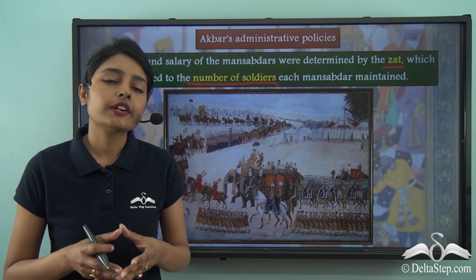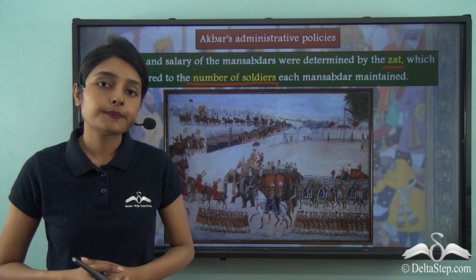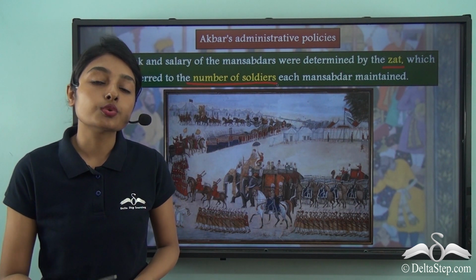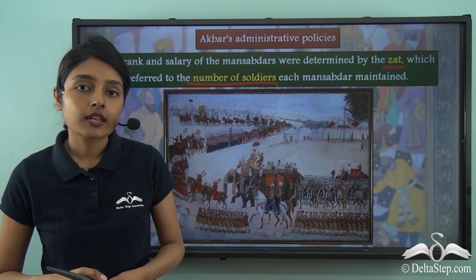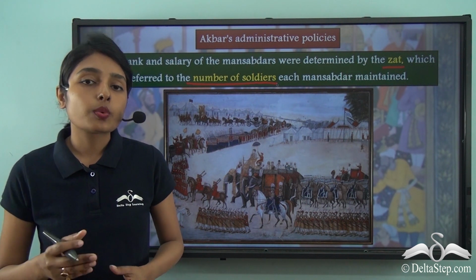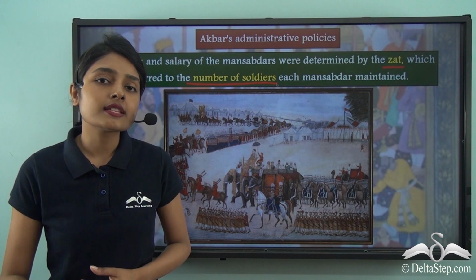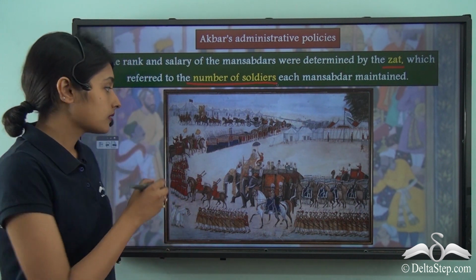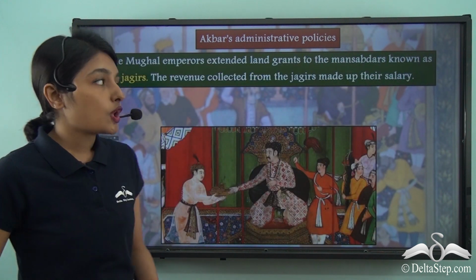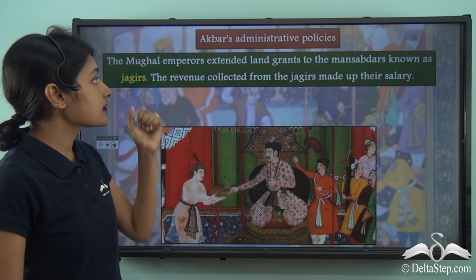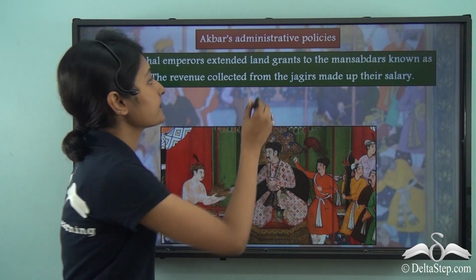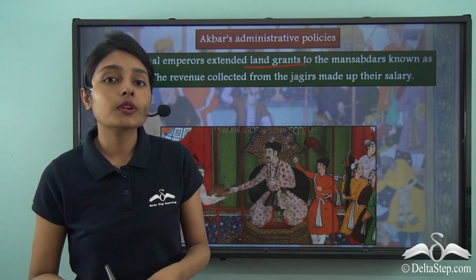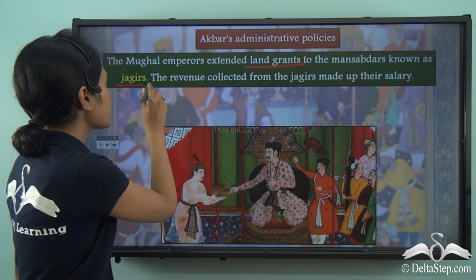And the higher the rank of the mansabdar, the more was the salary that was assigned to that mansabdar. Now, to answer the question of how these mansabdars were paid by the Mughal emperors, we see that the mansabdars were given land grants, and these land grants were known as the Jagirs.